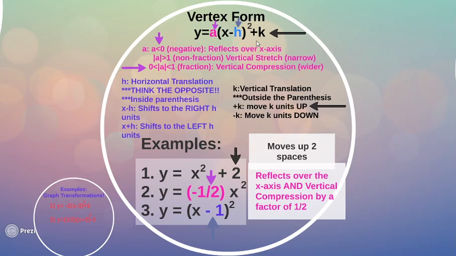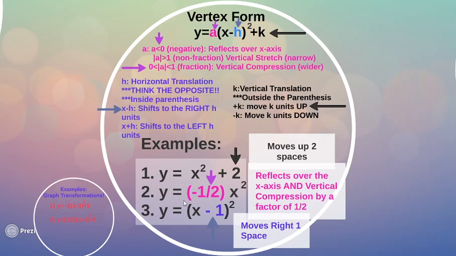Okay, so it's an h value, and if you have x minus an h, okay, which I have that right here, x -1, what will happen to your graph? You guys are too cool for school. That would be going to the right. Okay, and since it's -1, that means it's going to the right one space. So this graph is going to move to the right one space.